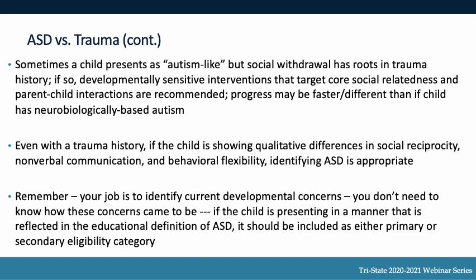It can be that when you begin with interventions that are developmentally sensitive and are trauma informed and perhaps are focused on a parent-child interaction or targeting social relatedness or emotional understanding, if the child doesn't have neurologically based autism, but rather has an autism-like presentation, literature suggests that progress on these core social relatedness features tends to be faster for a child that has a trauma history as opposed to neurologically based autism.